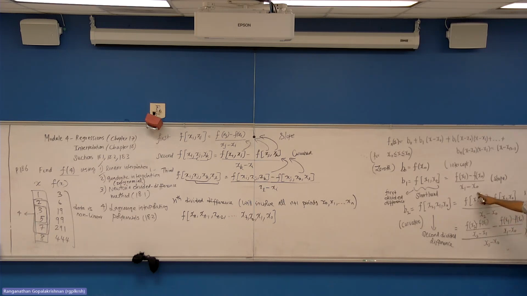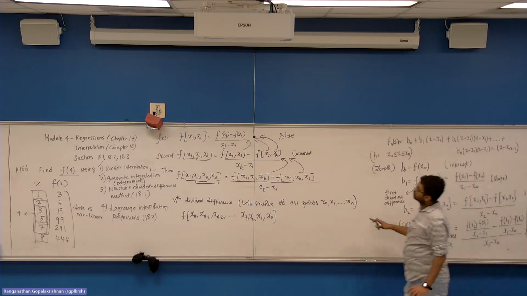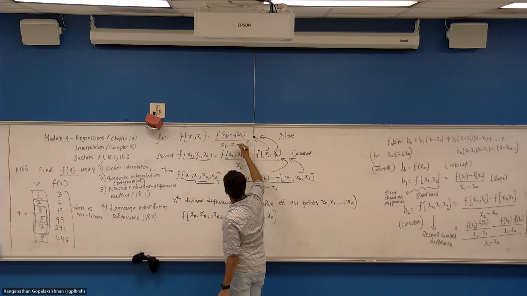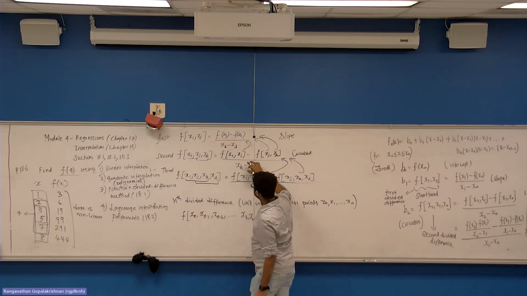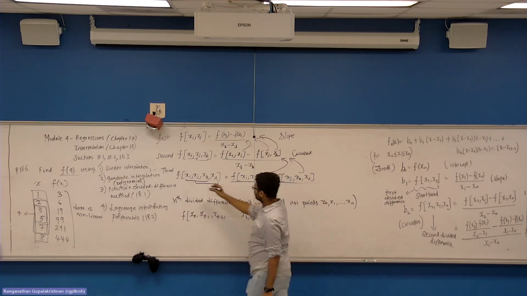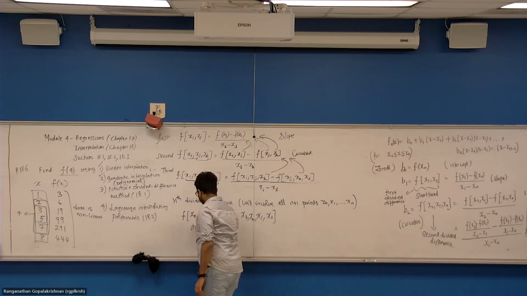I got x1 minus x0, so this must be xi minus xj, and this is xi minus xk, and this is xi minus xl. Usually we make this in descending order.